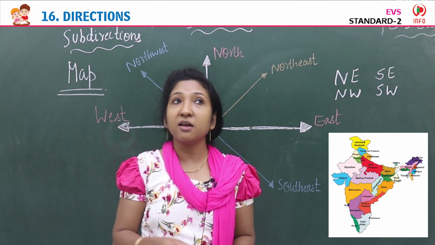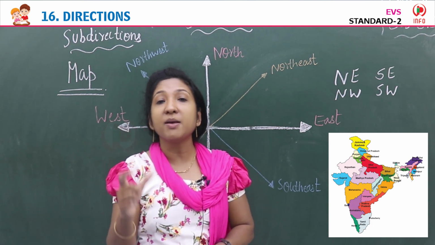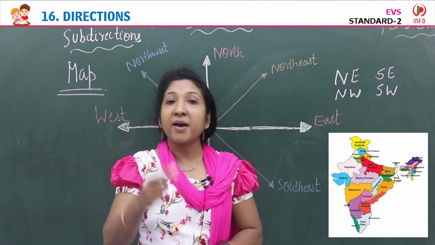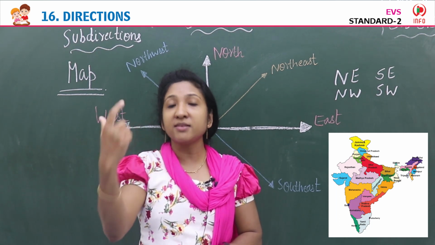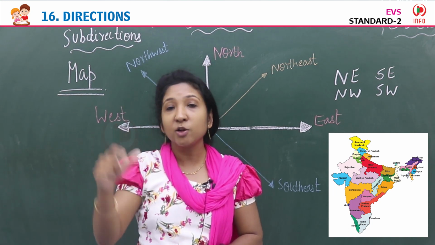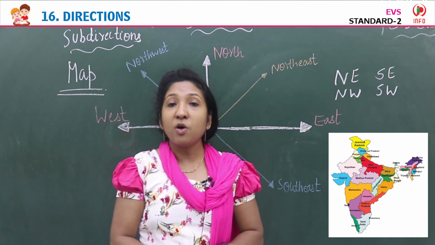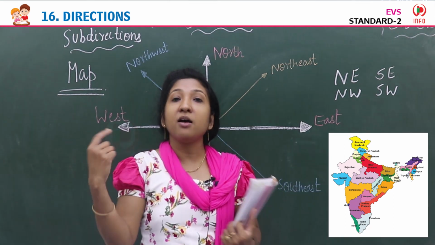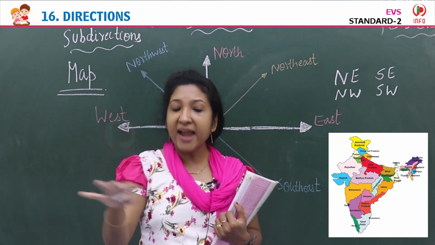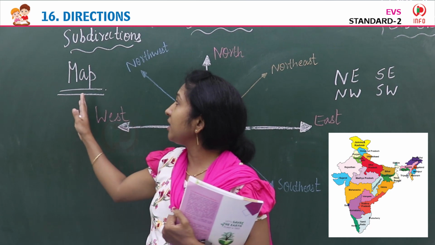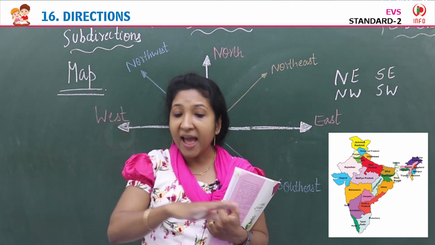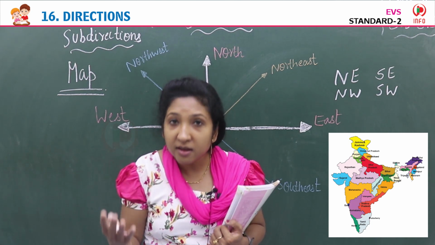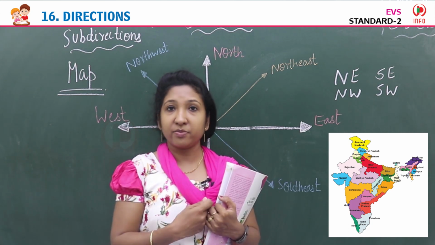So we learned that the globe is a model of earth. By seeing the globe, you can get an idea of how our earth looks. So a drawing of earth on a flat paper is called a map.